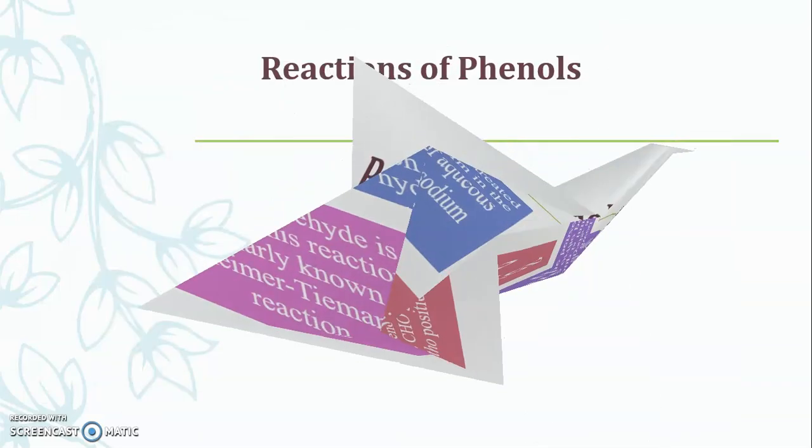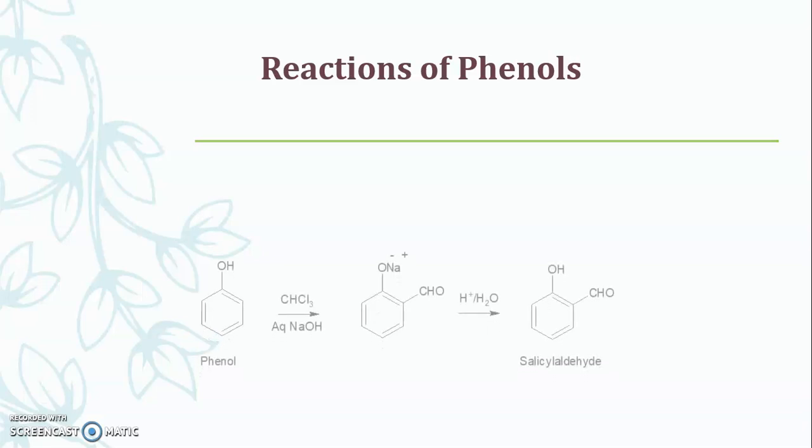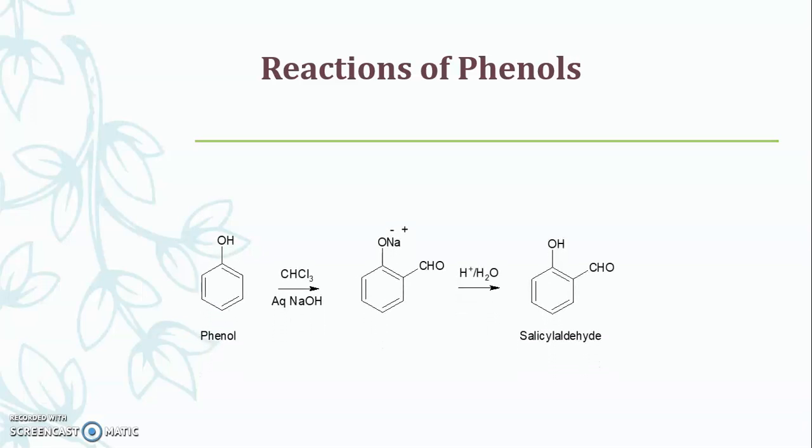So let us see this in the reaction that is given here. Phenol, as we know, is first reacted with chloroform and an aqueous solution of alkali, either NaOH or potassium hydroxide. We can use both. This leads to the formation of the phenoxide ion of salicylaldehyde.